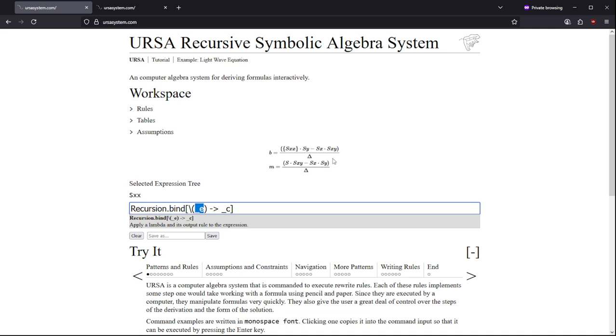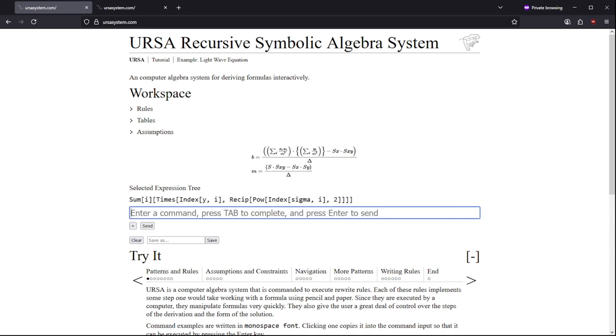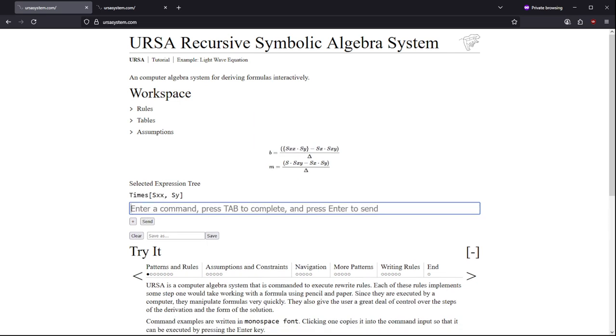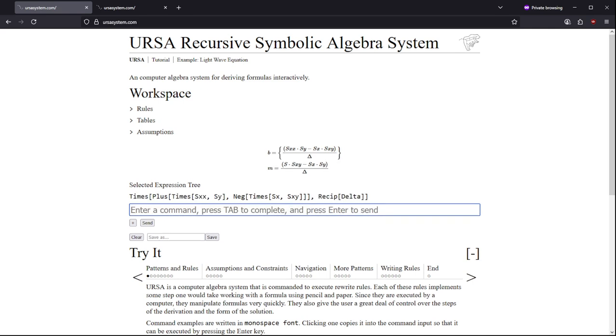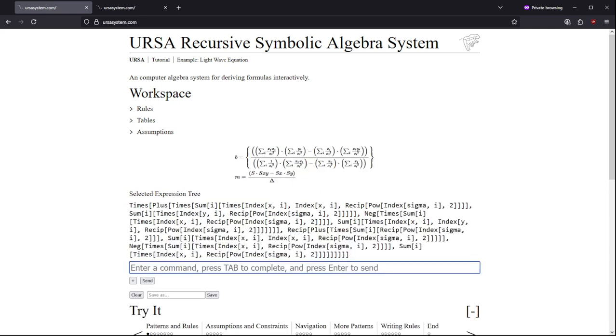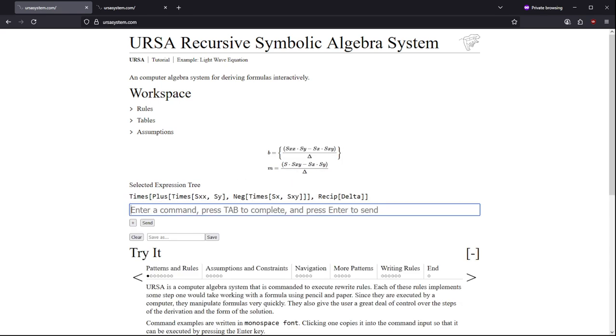Since I named the equations the same as the variables, we can just say bind underscore e in substitute e. And that will substitute the value of the variable. And that command can be used on any of these. And then we can also run that command top down to recursively substitute everything. And then we get all of the sigma sums just substituted in.